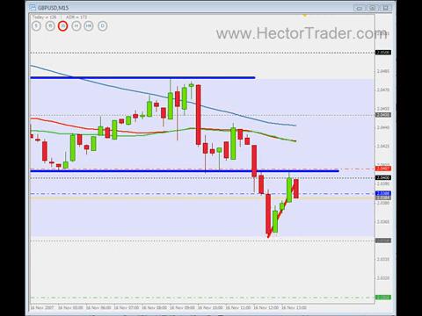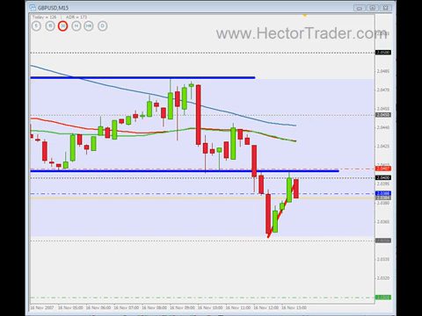It breached through and ran 55 pips straight down within the hour, and it gave me no breakout pullback continuation. Instead, it just ran 50 pips all the way to the next round number at 203.50.